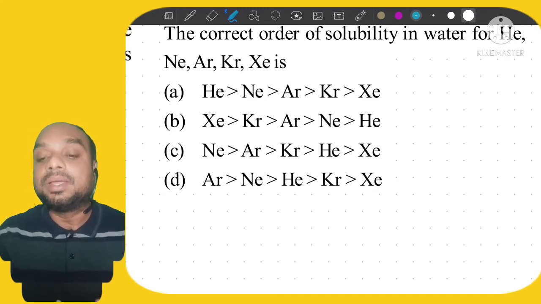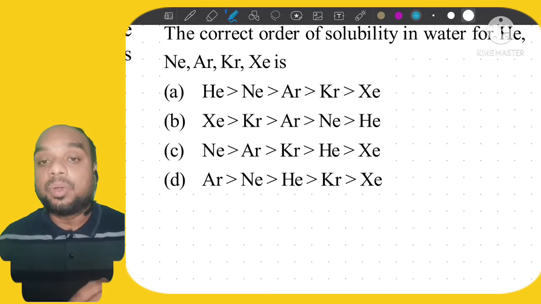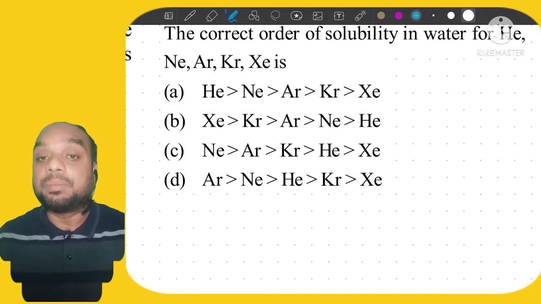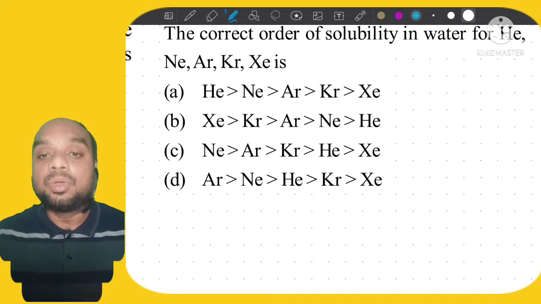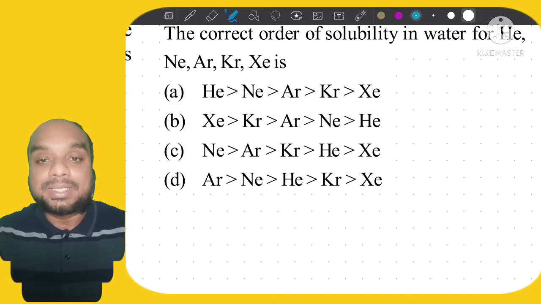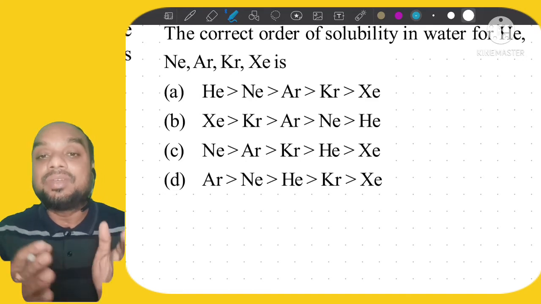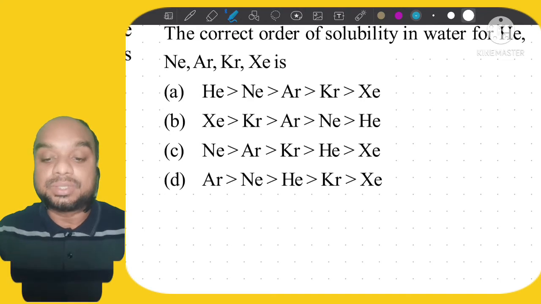They form a dipole and induced dipole attraction with water. The larger one, with more surface area, shows more London forces.